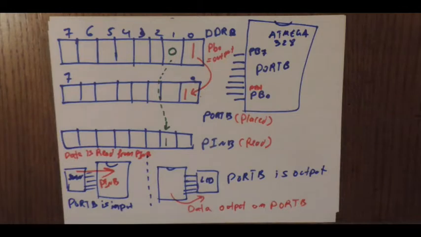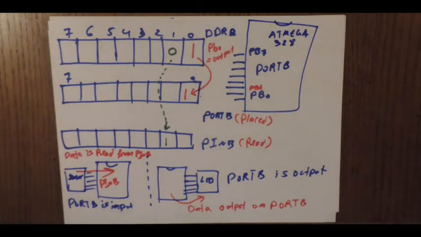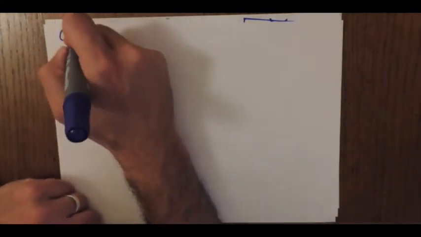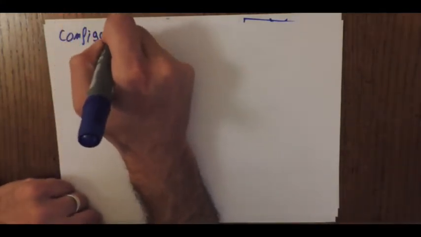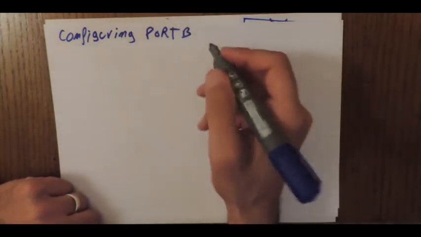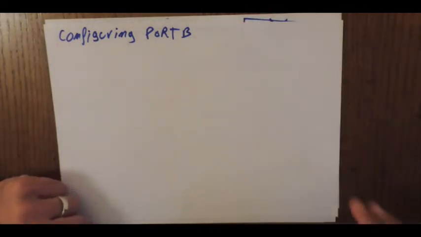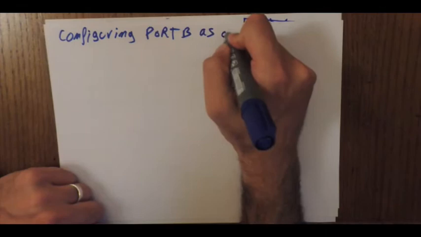First, we're gonna take examples by setting the whole port as input and output, and then we configure accordingly. So let's take the example of placing value on port B. So configuring port, it can be C or D, just change the letter, but we're gonna take port B to avoid confusion, as output.